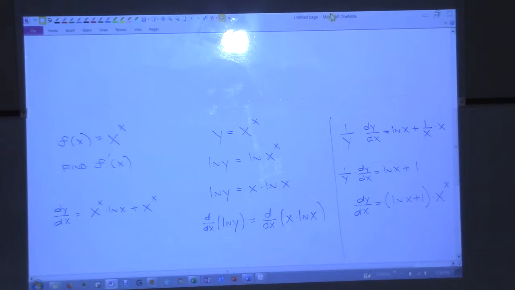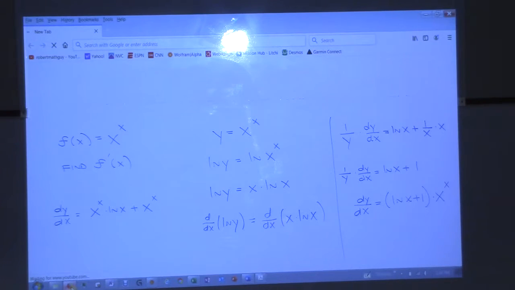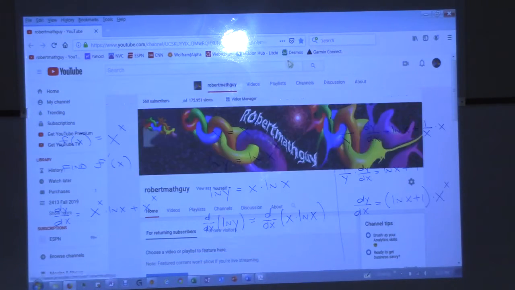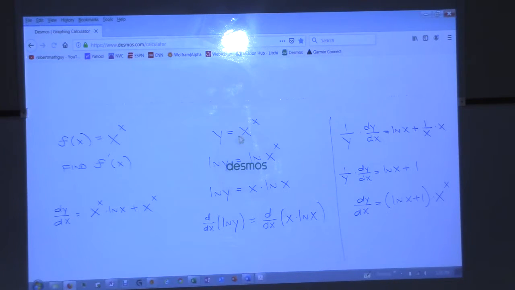Let's look at that function real quick. Let's look at x to the x. Is this function defined at 0? What do y'all think? When I graph this, is this going to give me a point at 0? Do I have a picture at 0 or no?